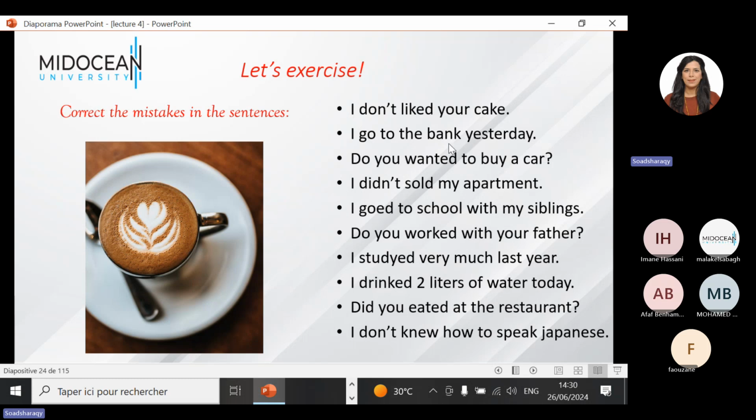It's an irregular verb. Okay. Next example, number 3. "Do you want to buy a car?" Can you correct, please?